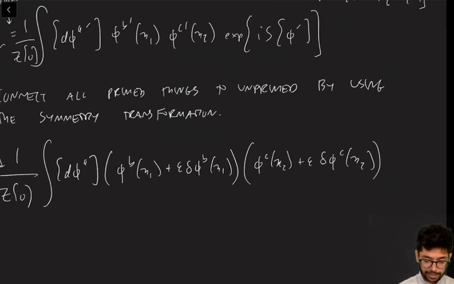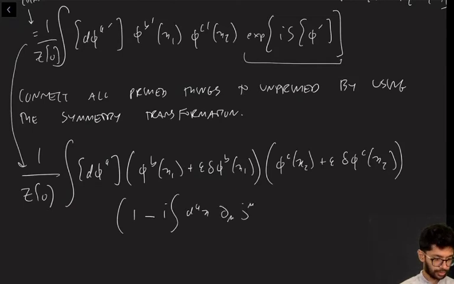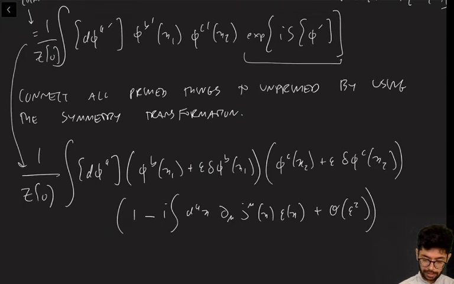And finally, this term here in the action transforms the way that we worked out last time, a few minutes ago. Transforms like d_mu j^mu of x, epsilon of x. And the whole thing is correct to order epsilon squared. And the whole thing is now multiplied by e^{iS} on the unprimed action, so phi_a, unprimed. Okay.